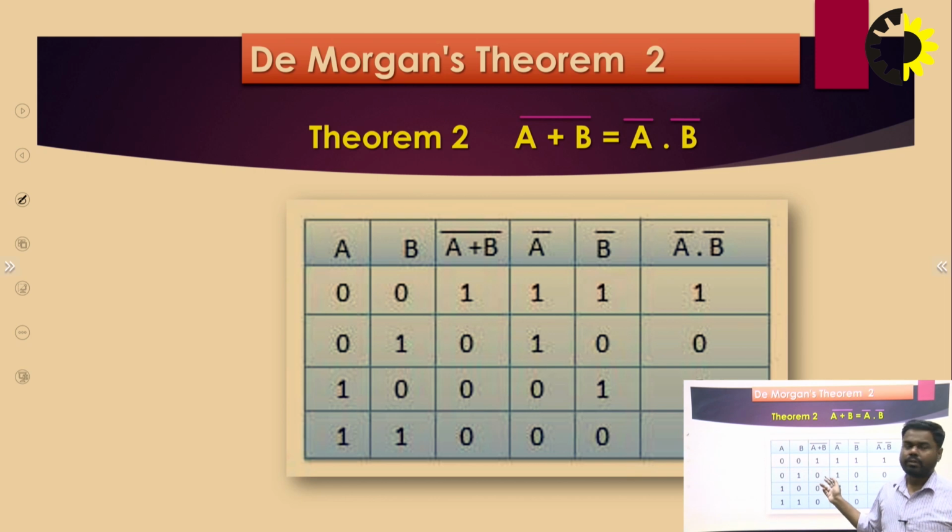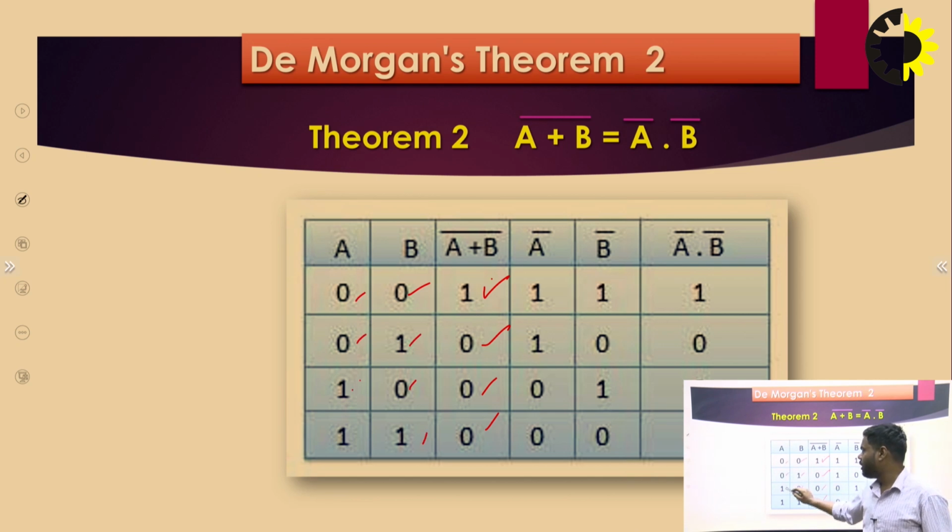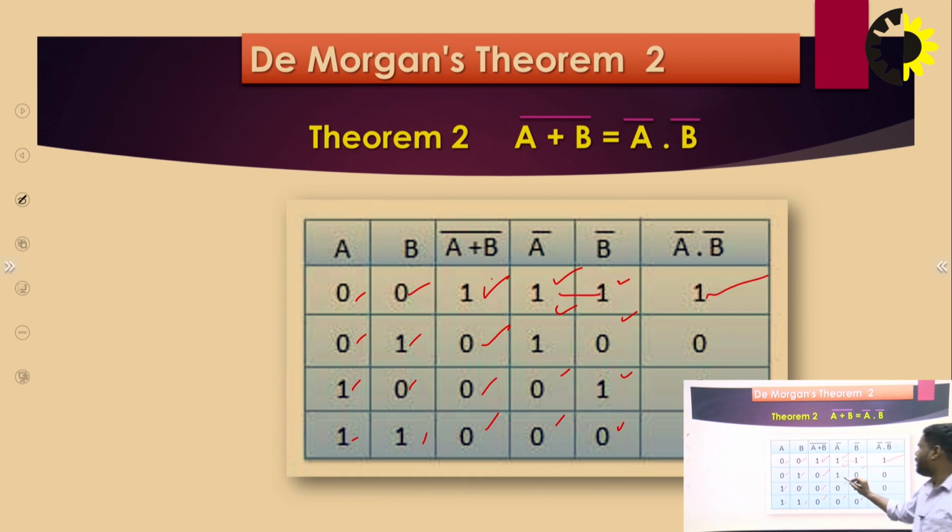The values of A and B are put in. A bar is 1 1 0 0, B bar is 1 0 1 0. Then we find A bar dot B bar: if both are high, then it is high; if any one is low, then low. You can match this one.